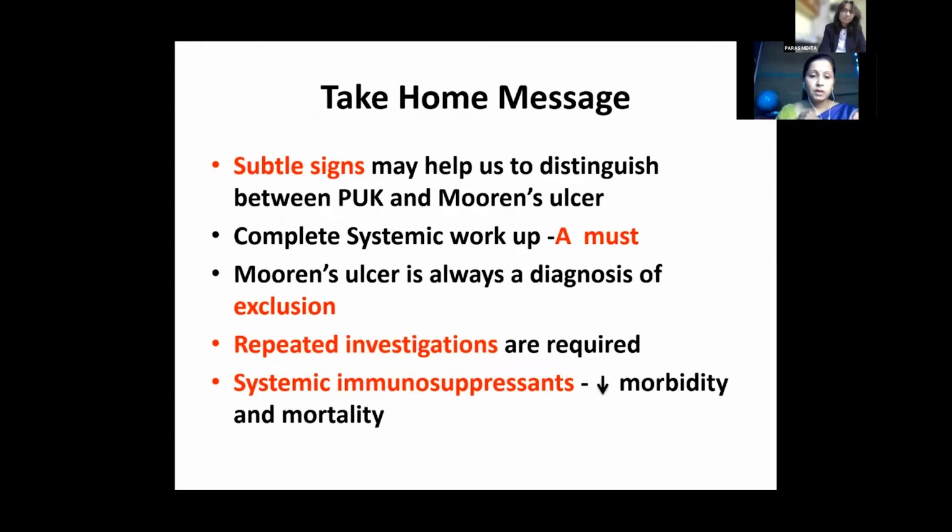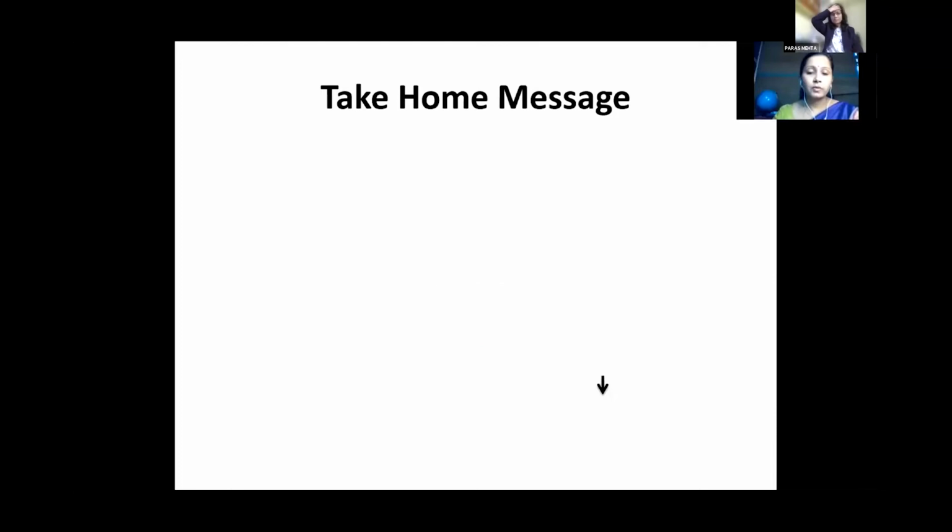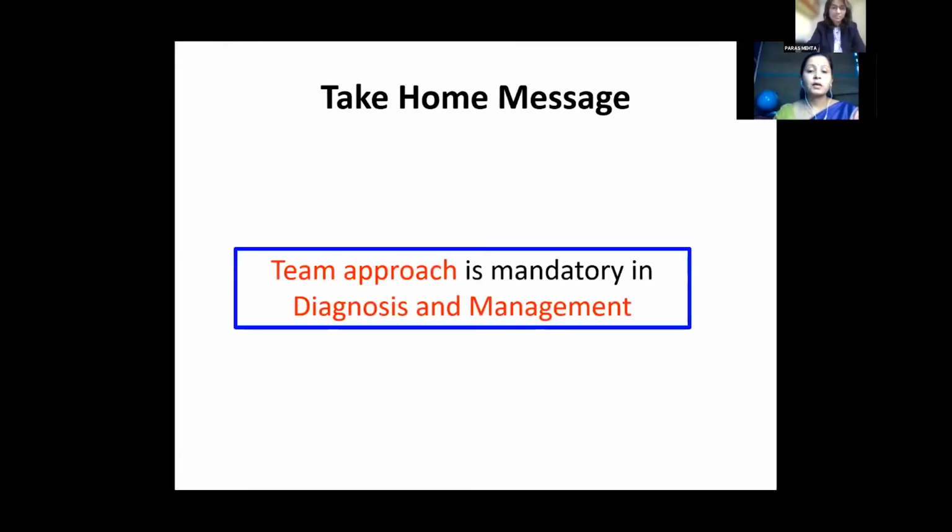Sometimes repeated investigations are required, and systemic immunosuppressants are the mainstay of treatment. So just treating the eye and thinking you've stabilized it is not enough for these patients, because if you don't start them on systemic immunosuppressants, the mortality and morbidity is very high. So a team approach is mandatory in diagnosis and management of these patients.